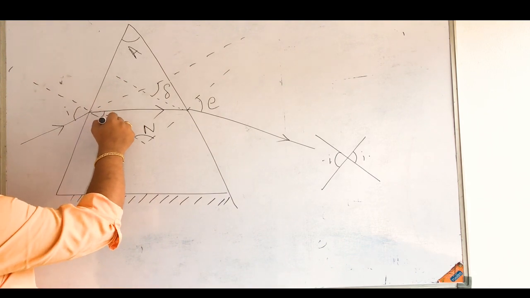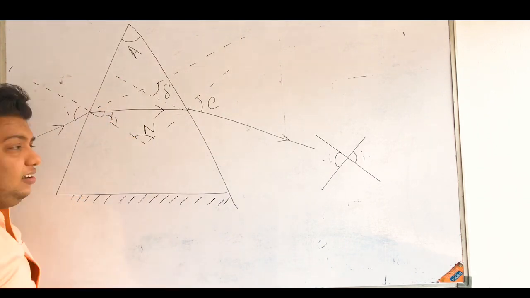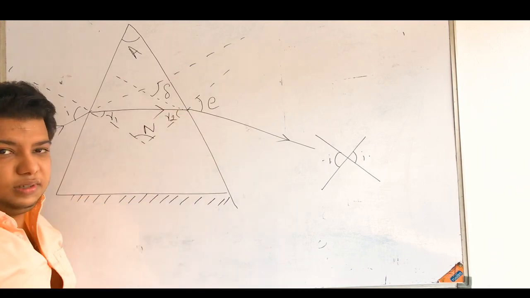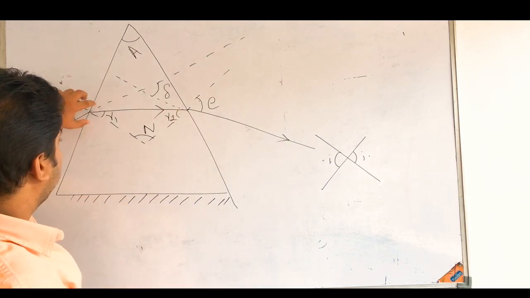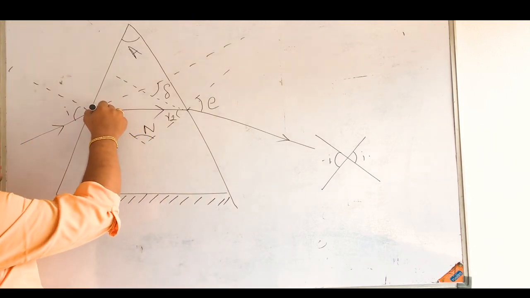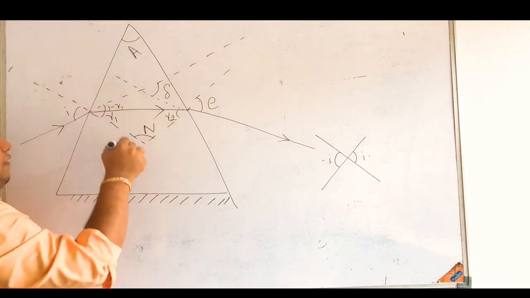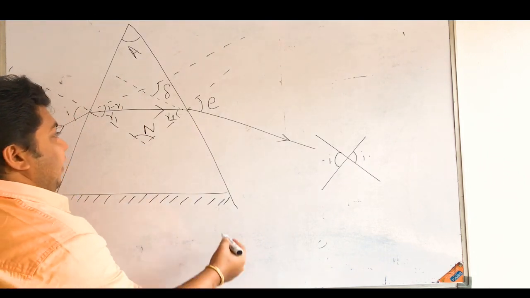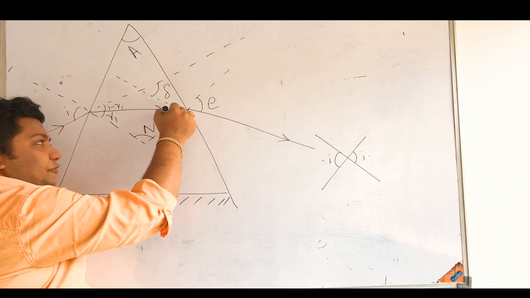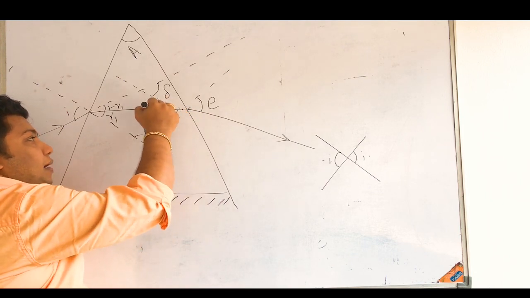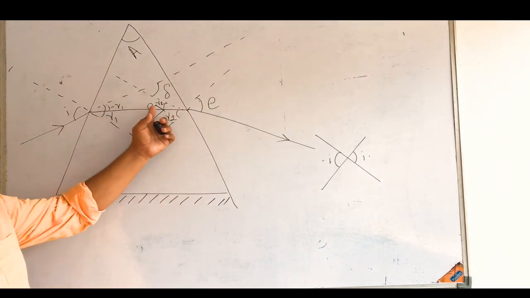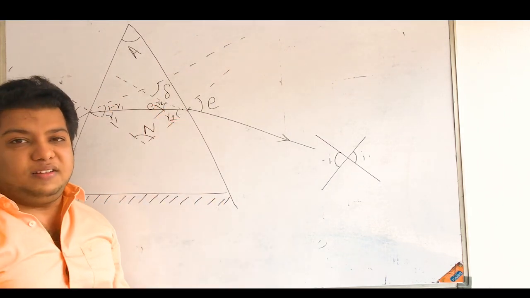This angle can be taken as R1 and this as R2. If the total angle is I and this part is R1, the balance is I minus R1. Likewise here, the total angle is E, the first part is R2, so the balance part is E minus R2. This is I minus R1 and this is E minus R2.